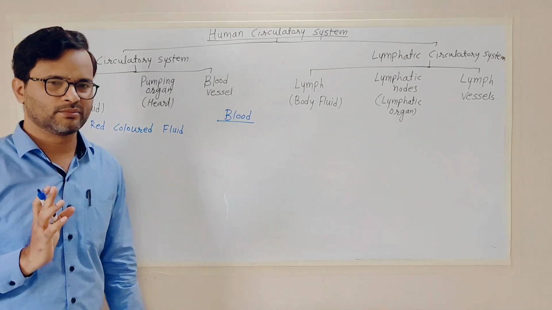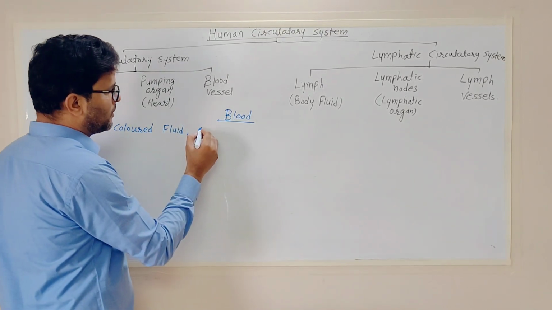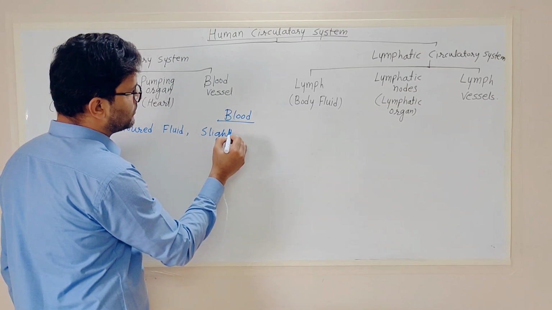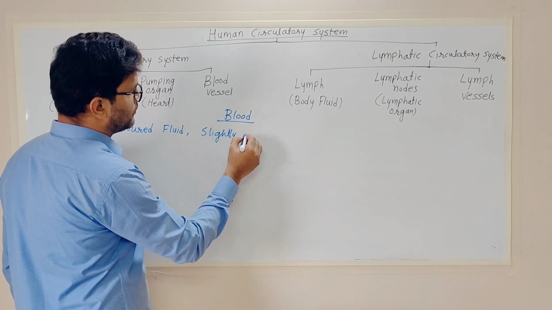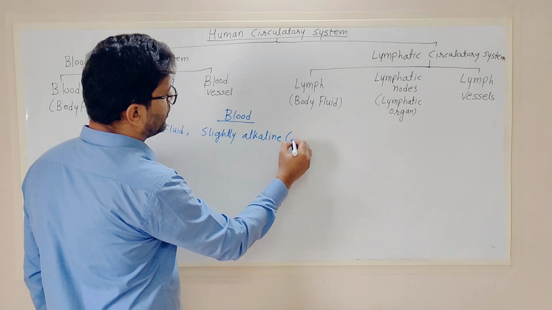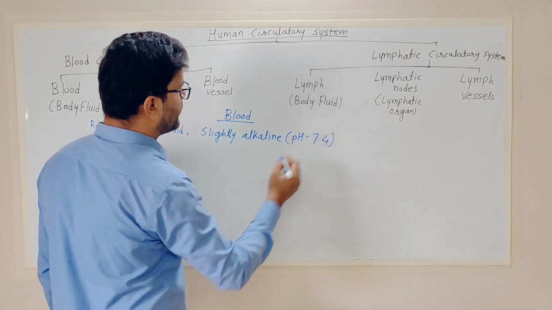It is a fluid, meaning liquid type. It is slightly alkaline. Why is it slightly alkaline? Because its pH is 7.4.